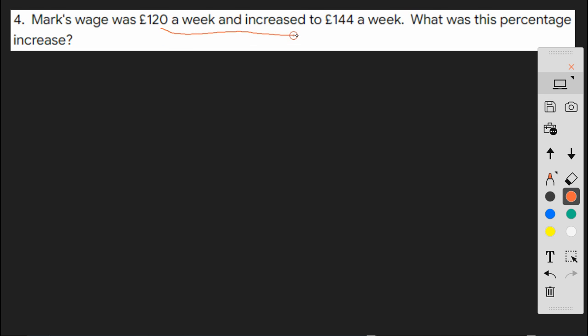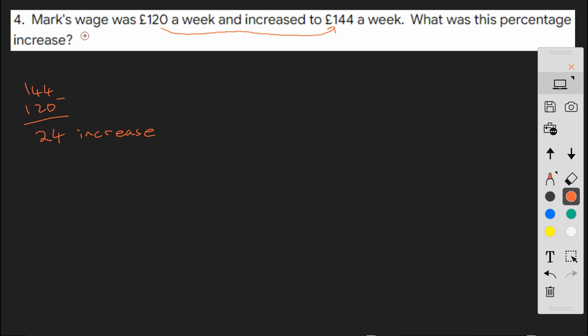In this instance, we've got a percentage increase, and it's quite quick to go and work out what that increase is, which is from 120 to 144. So we can see that we've got an increase of 24. But where students struggle is how to convert that into a percentage. And it's a percentage of what?